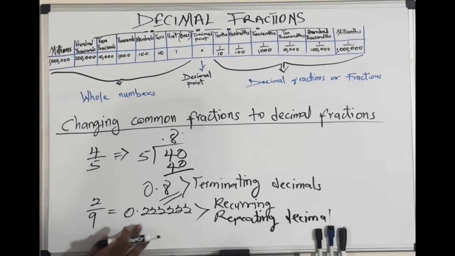So there is no need for you to keep writing the twos. You can finalize it by 0.222, then 1, 2, 3 dots. Okay, that is what we do for all recurring or repeating decimals.